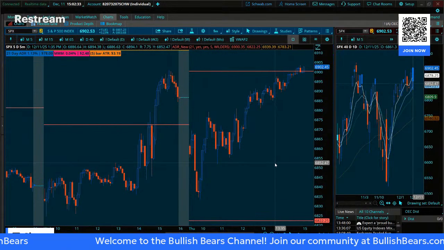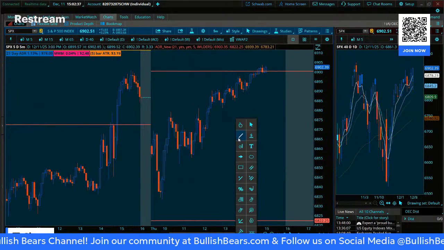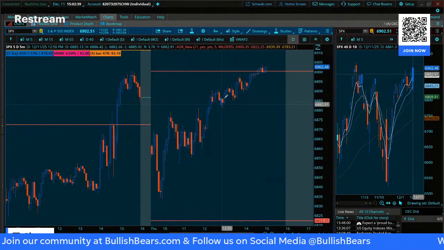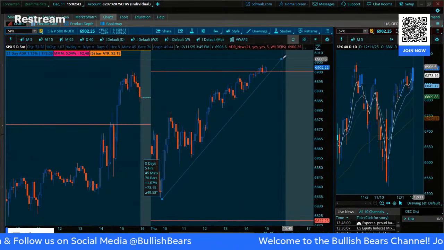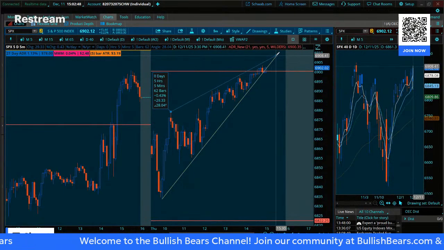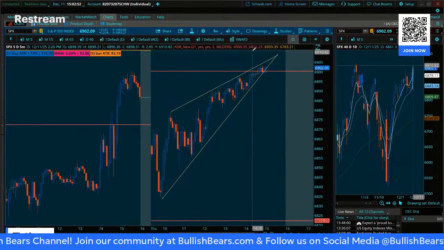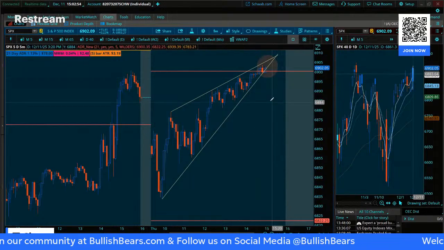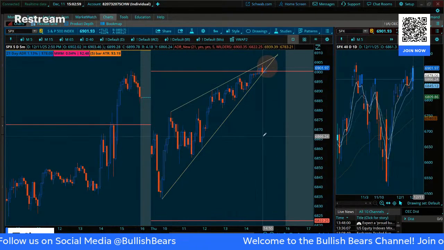That's a really nice rising wedge, but it has rose too far and it should not have gotten that deep into the wedge end, what I call the apex, even though I know that's not the proper word. It needs to be called something else. I just don't at the moment remember what that would be called. It should not be this deep, right? It should stop somewhere around 80% and the other 20 should remain empty.